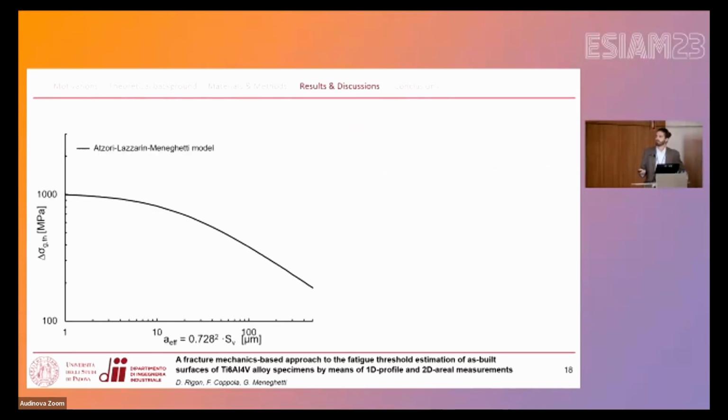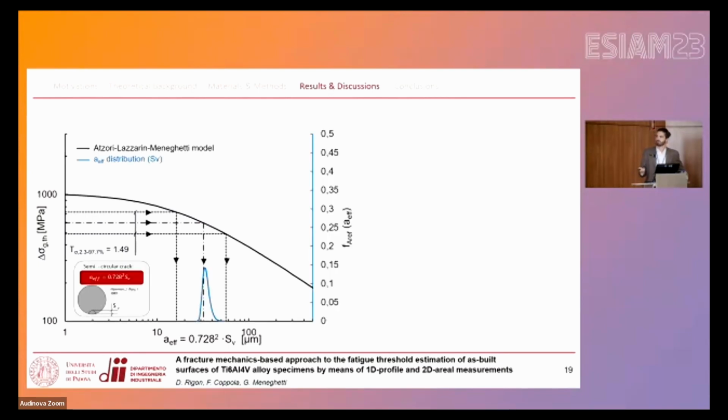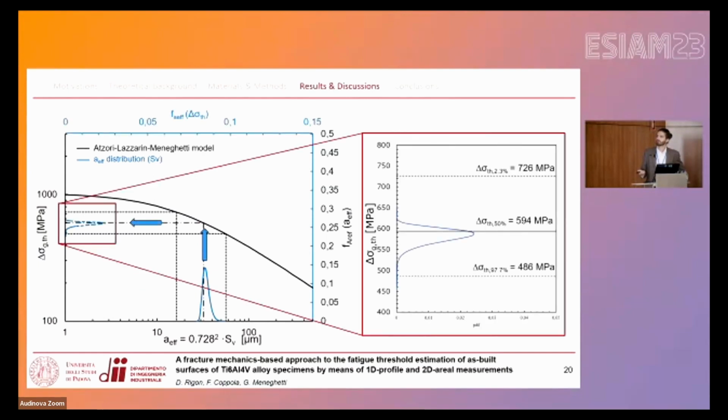Here we have the estimated material models. We can plot the experimental fatigue limit to estimate what could be the effective crack length of our model. If we put the distribution that we obtain from the areal measurements, by assuming an initial equivalent crack size shaped as a semicircle, we can see the comparison with the fatigue limit.